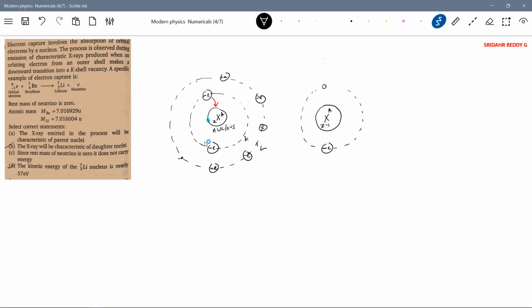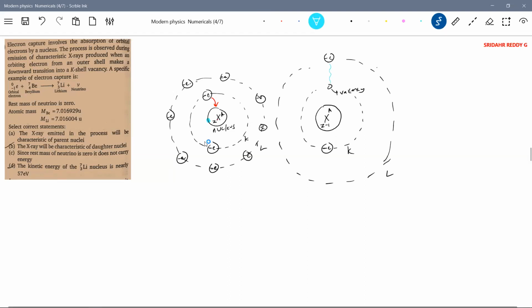So this electron will make a transition, and here we'll get a K alpha. They may trouble you with data like this. Usually in chemistry books, you just go for only K alpha.